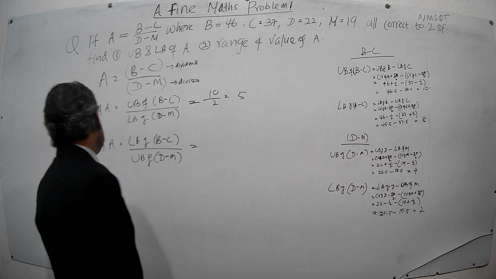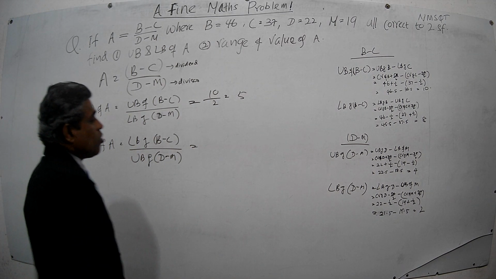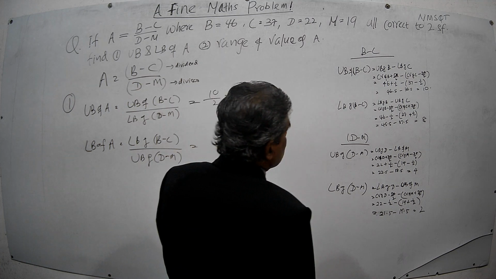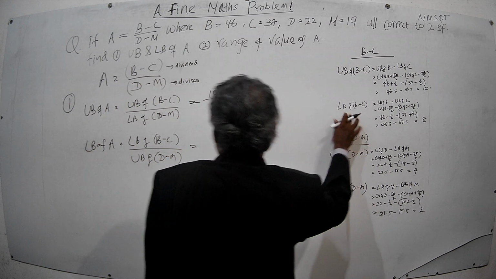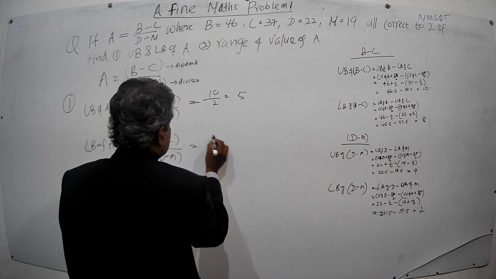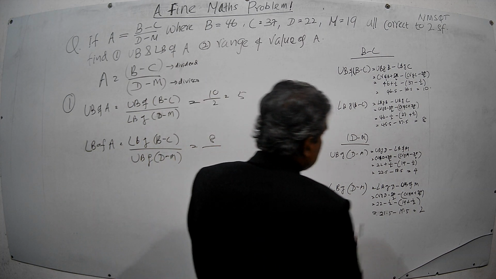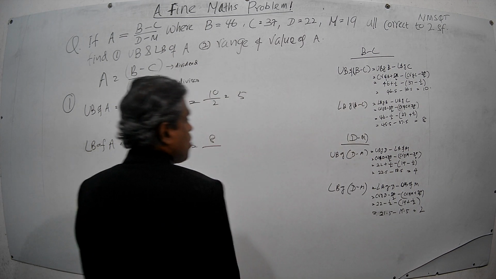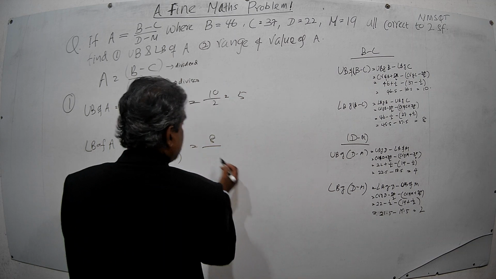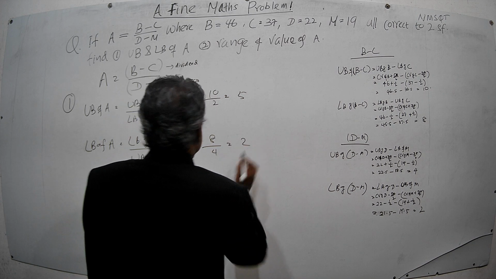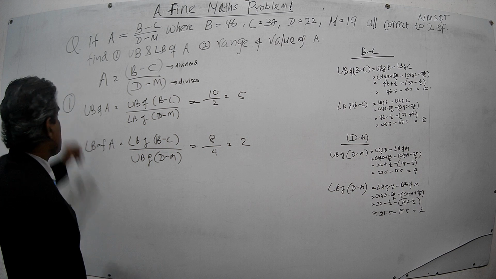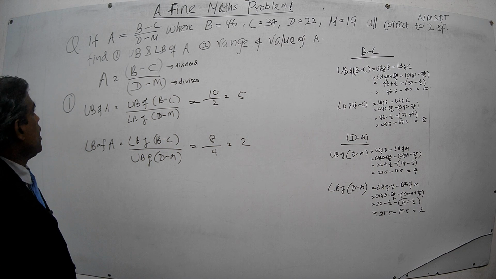That is the upper bound of A. The lower bound of A is the lower bound of B minus C, which is 8, divided by the upper bound of D minus M, which is 4. The answer is 2. That is the first part, the upper bound and lower bound of A. Then the quotient has been found.